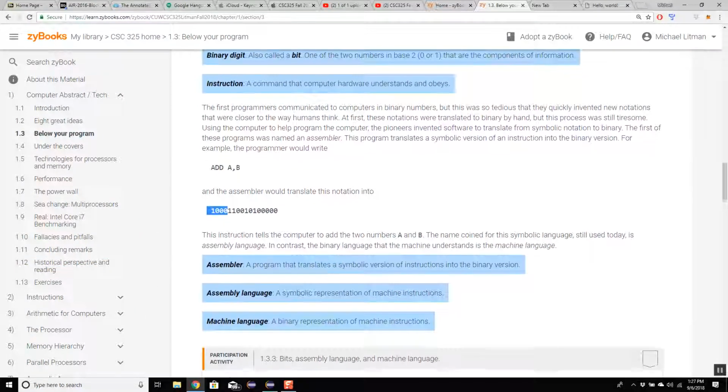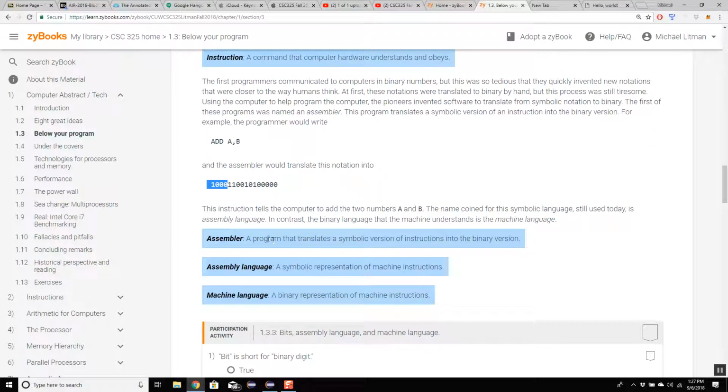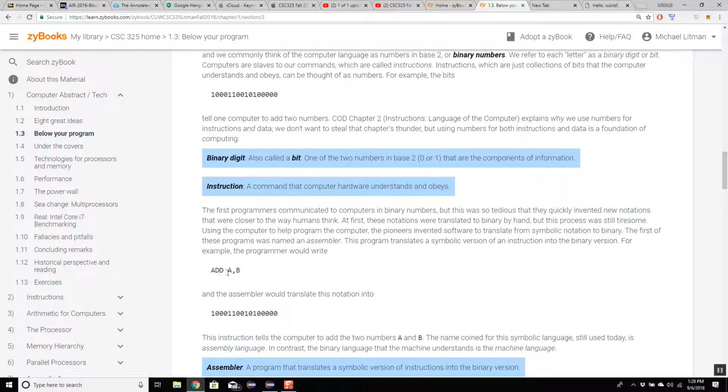Okay. So the assembler is the tool that translates our symbolic version of an instruction into a binary version. It takes something a human being would be capable of writing and turns it into something like this, which, yes, we are capable of writing, but we would not like to. That's what the assembler does. A compiler translates a high-level language into something like this.